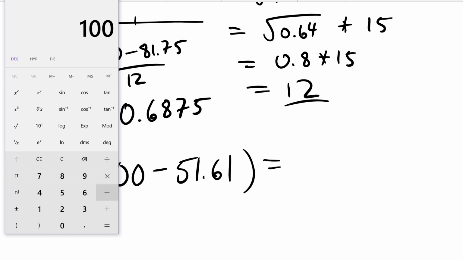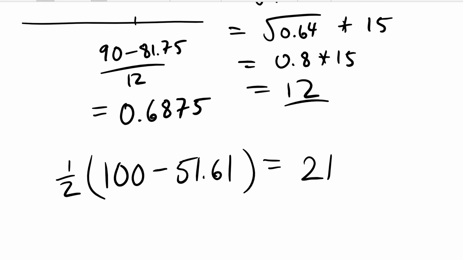So 100 minus 51.61 is 48.39, and we divide that by 2 to get 24.195%.